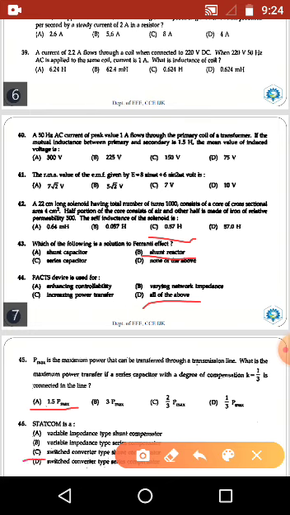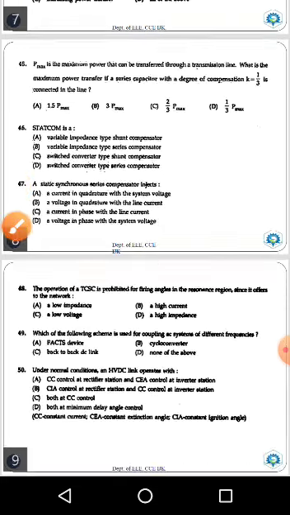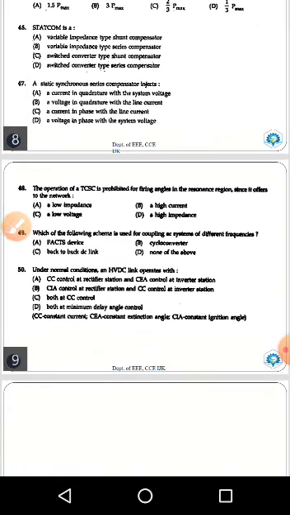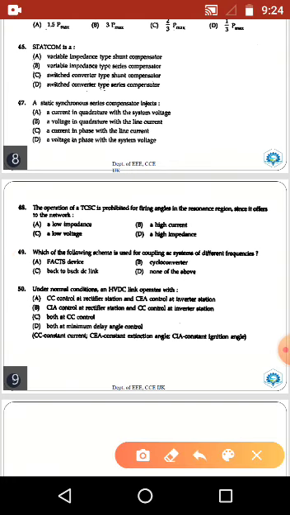Option is option C. So, STATCOM is a shunt compensator. Moving to question number 47, a static synchronous series compensator injects, the answer is voltage in quadrature with line current, that is option number B.